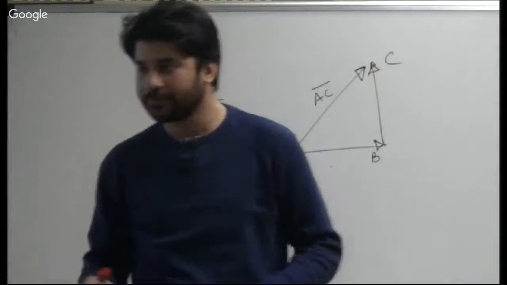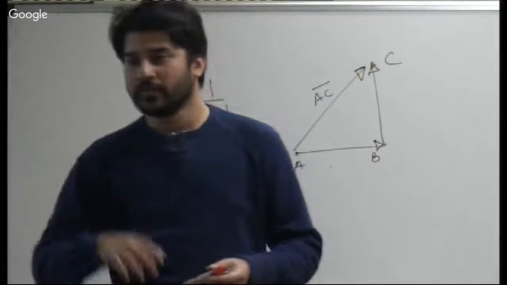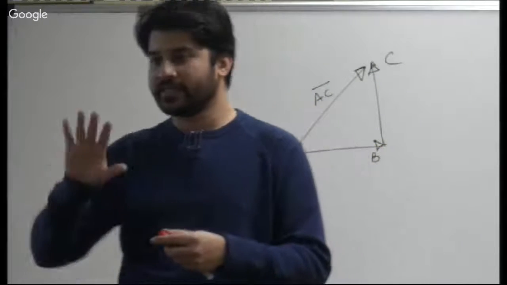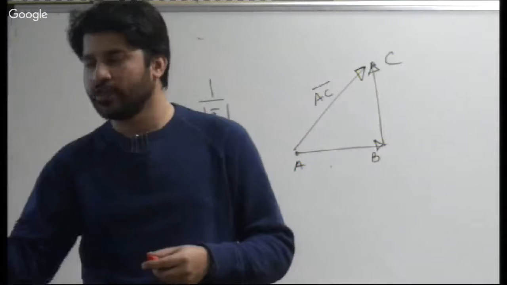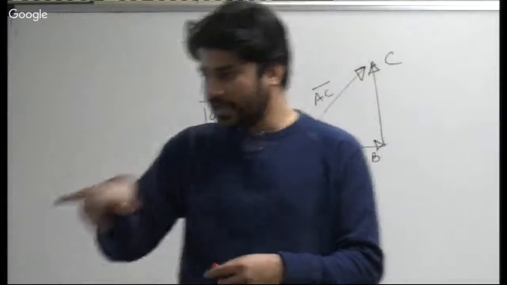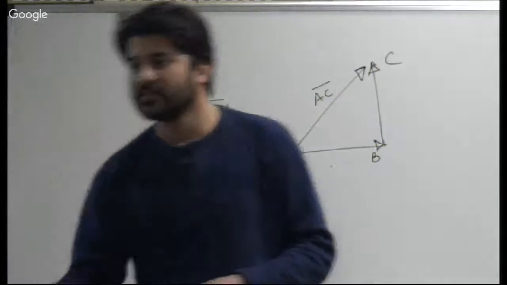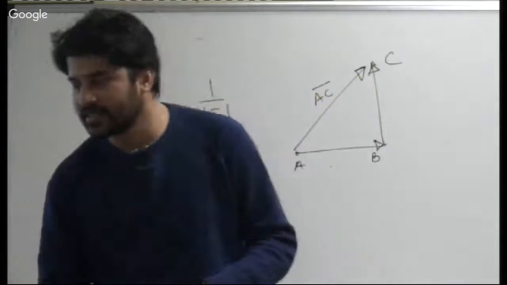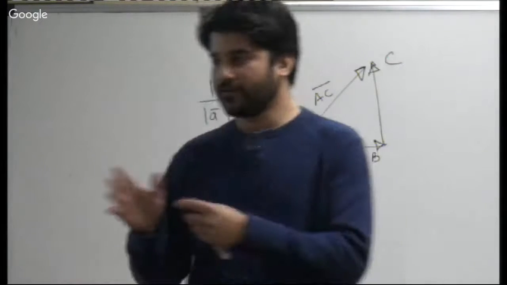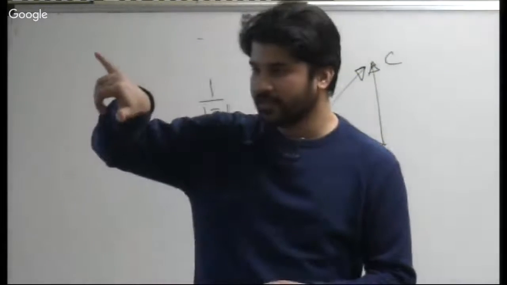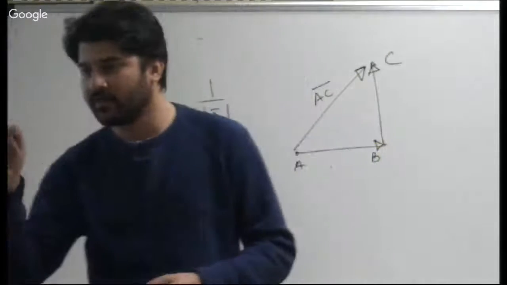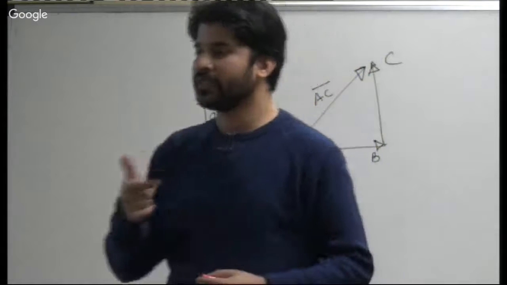That was the story. After that, we understood that if I can represent my vector as a unique cuboid, then it has a length, a breadth, and a height. So the length becomes the projection on the x-axis, the breadth becomes the projection on the y-axis, the height becomes the projection on the z-axis. That was the story, right? After that, we understood that my vector makes some angle alpha with the x-axis, beta with the y-axis, and gamma with the z-axis.